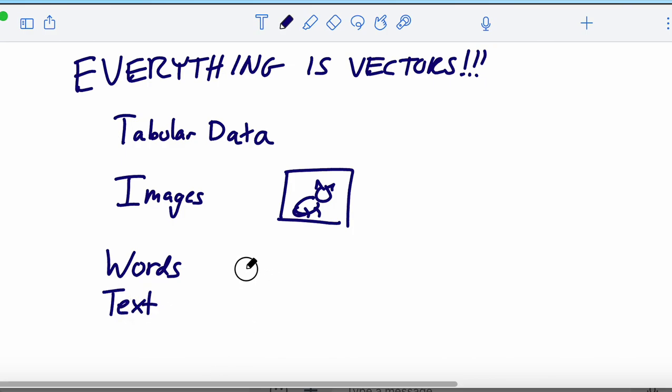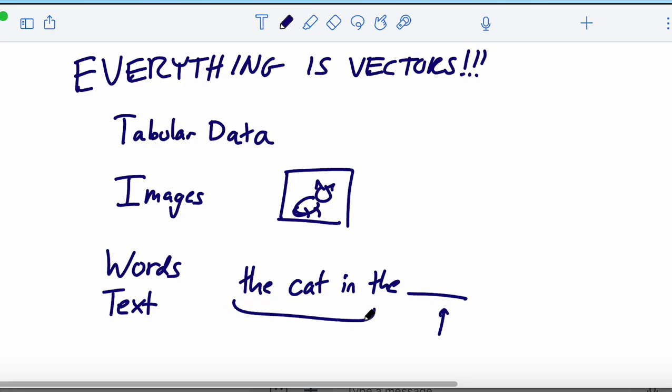So if somebody says "the cat in the" blank, you can use vectors to figure out what word would fit in this blank the best. You can ask what vector goes with the vector that goes with "the cat in the." You can think of "the cat in the" as a vector. You can think of the blank as a vector. And you can say, what vector would fit in there the best? So you can think of all these things as vectors.